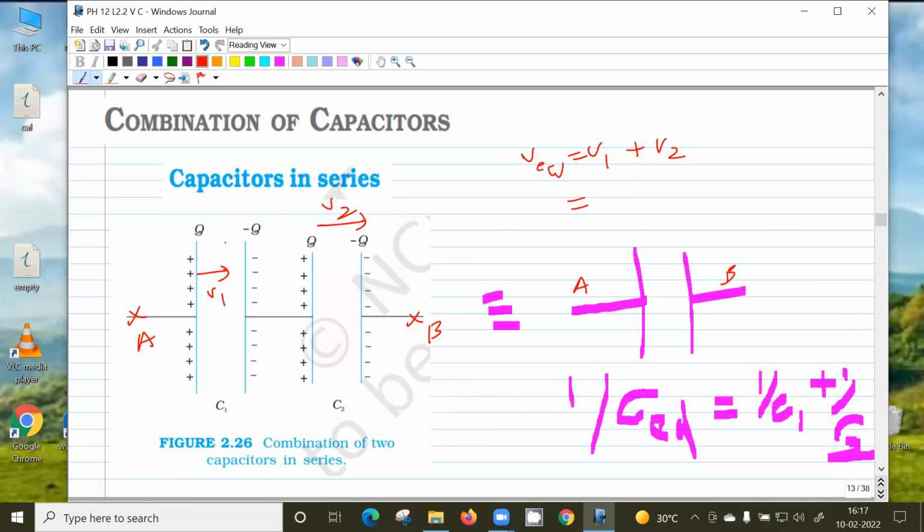And the charges will be the same. If there is plus Q here, minus Q here, and here will be plus Q. And why are these two charges the same magnitude and opposite sign?